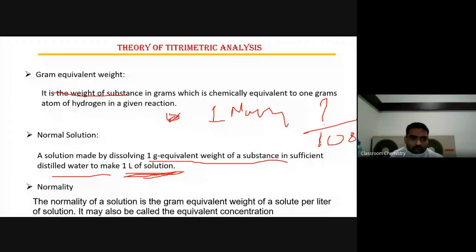But here our next term is normal. The answer is correct, 40 gram of NaOH in 1000 ml. But how do we take 40 gram of NaOH, or why do we take 40 gram of NaOH? Anyone from boys and girls?